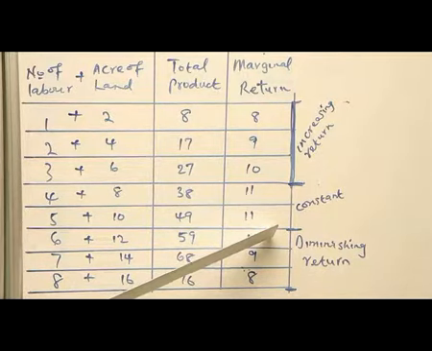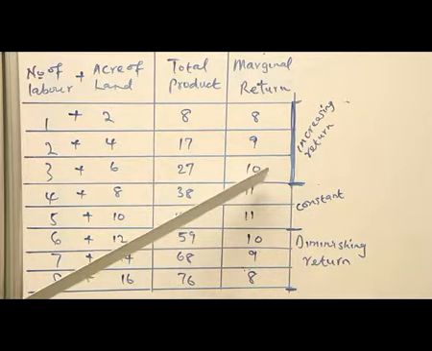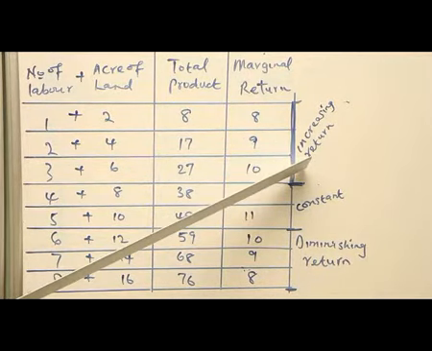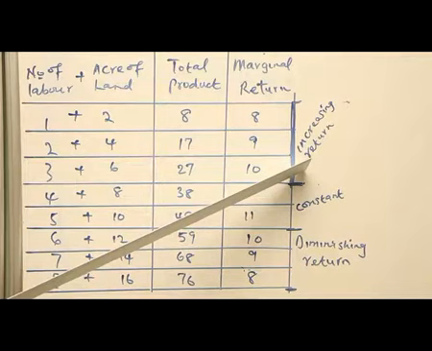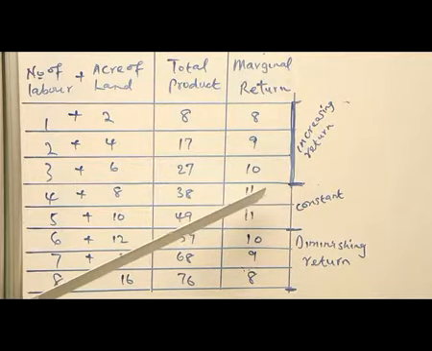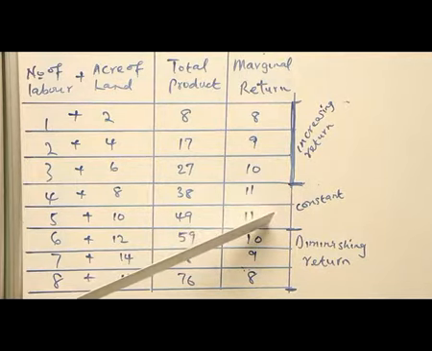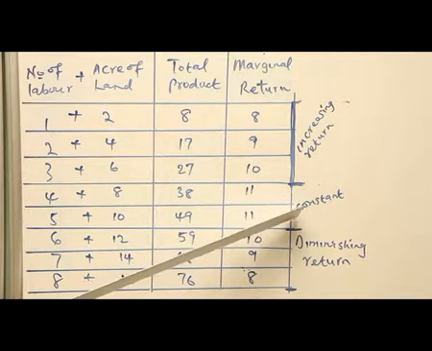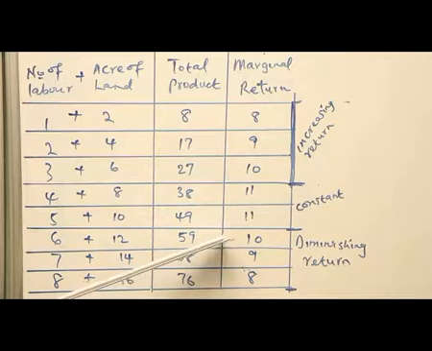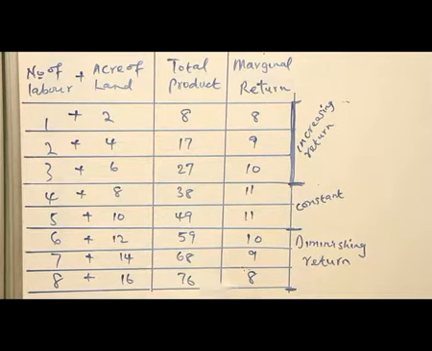You observe that from the first to third scale, the firm is experiencing increasing return to scale, while from the fourth to the fifth scale, the firm has constant return to scale. And then from the sixth to the eighth, the firm is having diminishing return to scale.